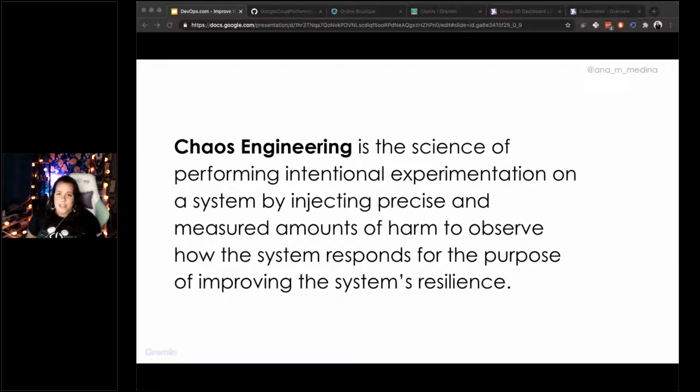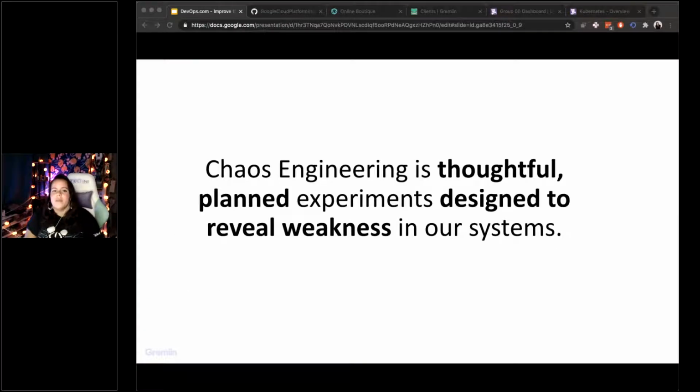So that's a lot of words. If you take anything from it, remember experimentation and injecting amounts of harm, but always remember that it's for the purpose of reliability. And if you want a short, simple, and sweet definition, this is Gremlin's definition. Chaos engineering is thoughtful, planned experiments designed to reveal the weaknesses in our systems.